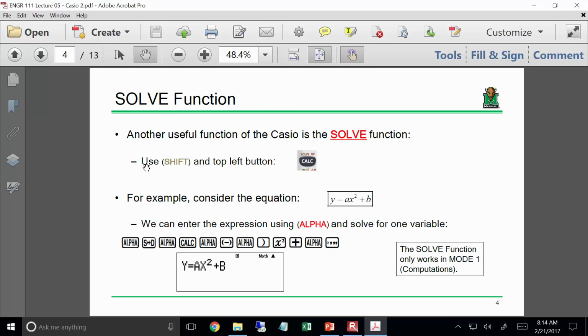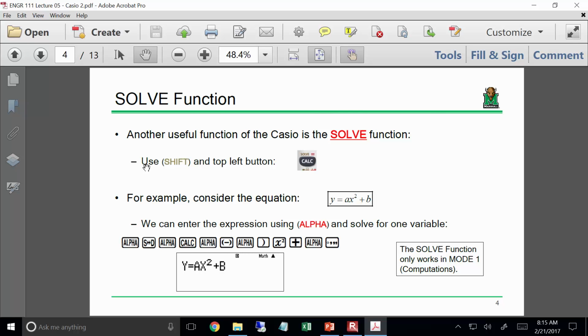Now, solve is used to literally solve an equation. If I've got something like y equals ax squared plus b, and I know everything except x, I'll plug in a value for y, a value for a, a value for b, and I'll solve for x. The nice thing about the solve command is that it will solve anything.